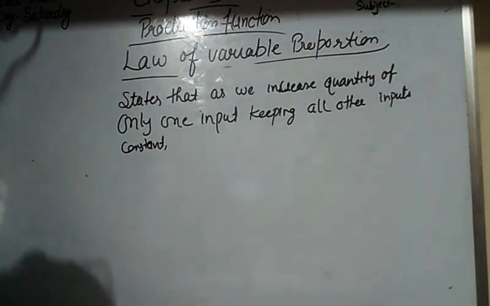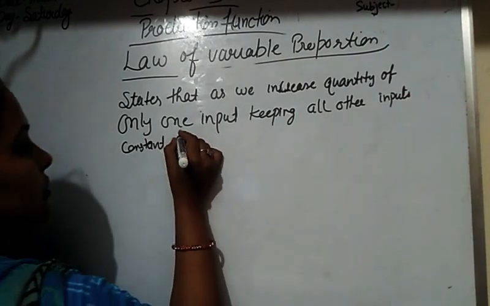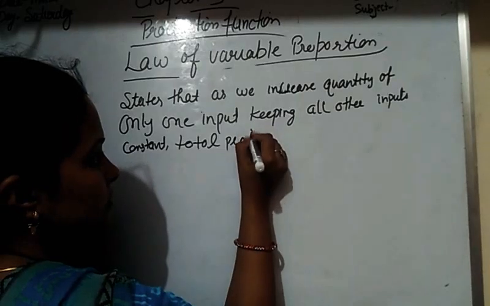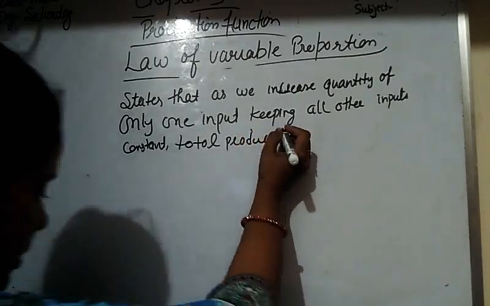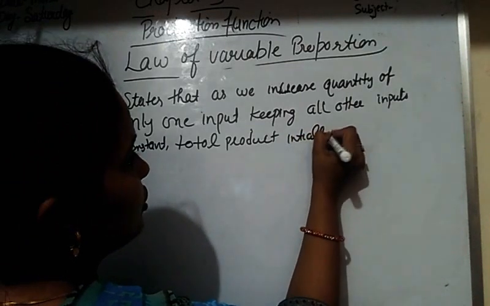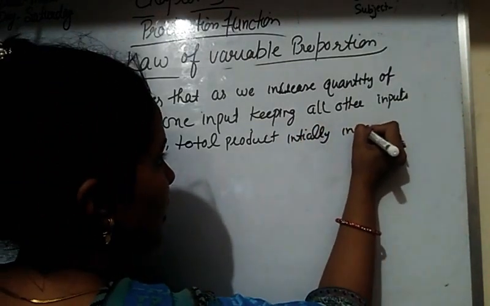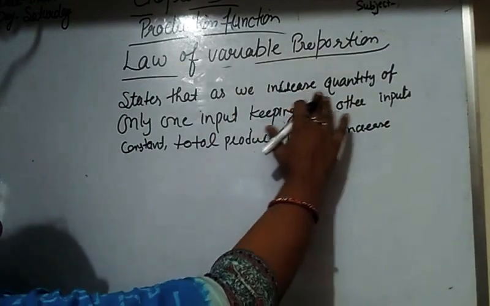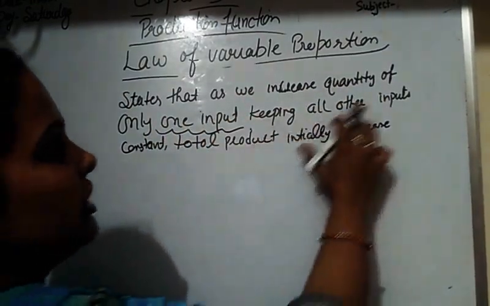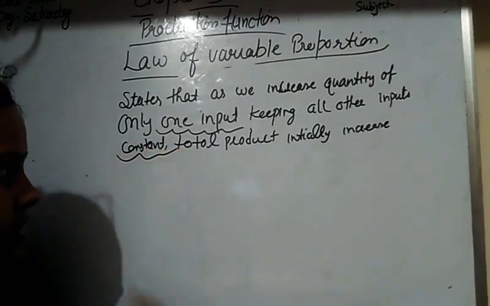total production, or total product, initially increases when we increase the quantity of only one input, keeping all other inputs constant.